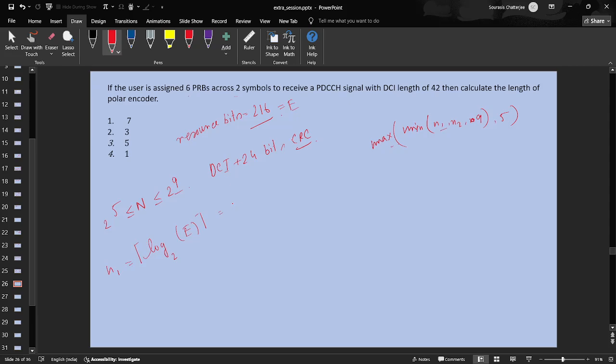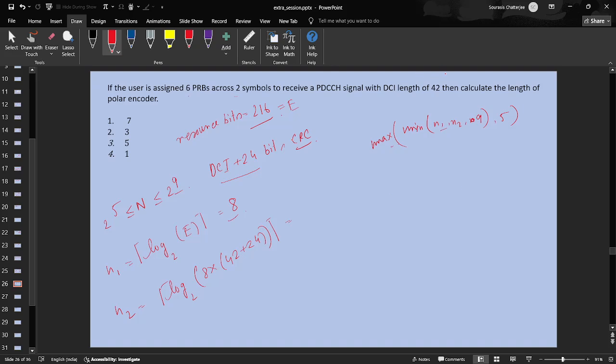So it should be 8 here. And n2 is with the mother code rate: the information bits plus CRC, that is 42 plus 24, that is 66, and the mother code rate is 1 over 8. So n2 is log base 2 of 8 into 42 plus 24.